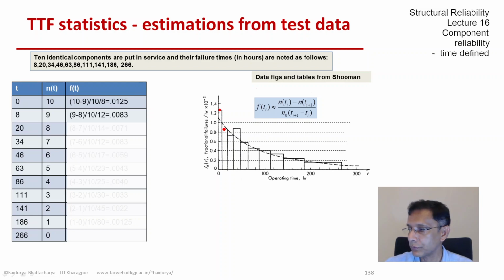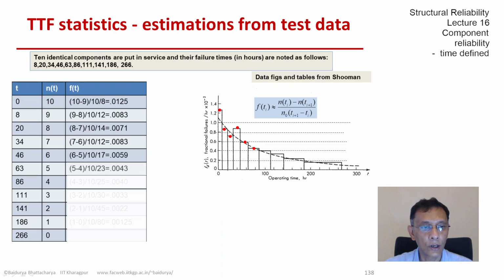This way, we move on to the next one, which is a duration of 14 hours, and that gives me 0.0071 per hour, and that is the third red dot, and so on until we exhaust all our 10 intervals. And we can see a trend here. Definitely it's a drop. It could be an exponential drop. We don't know. We need further tests to determine that.